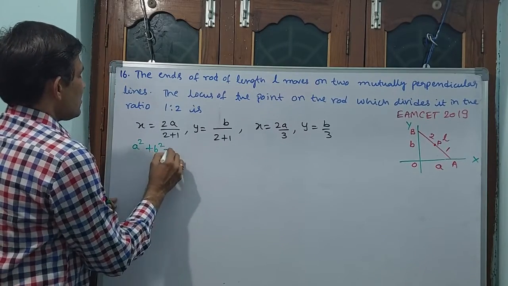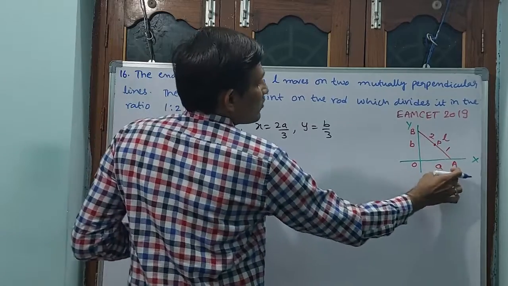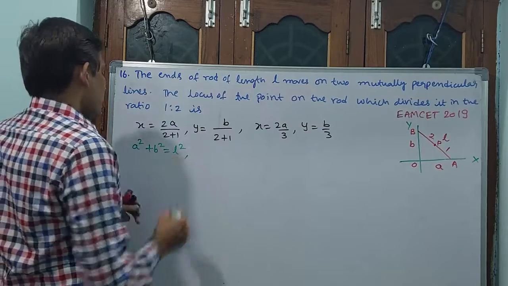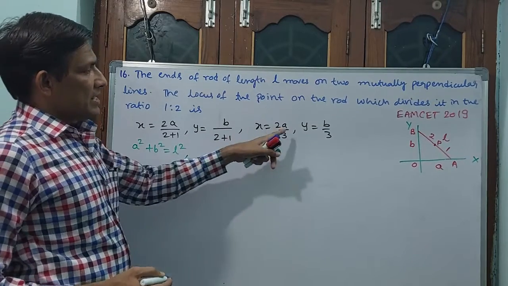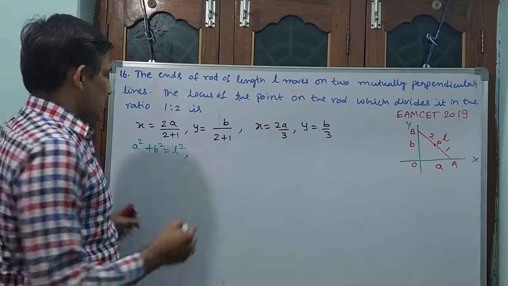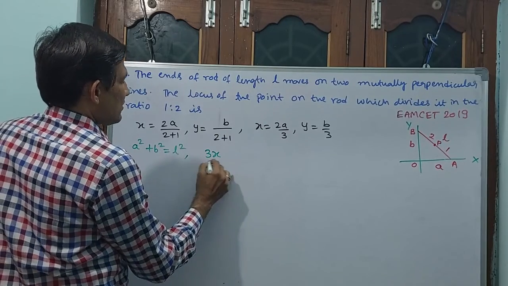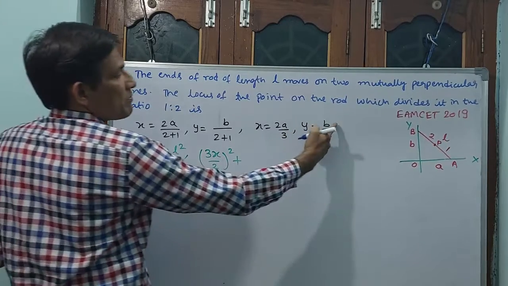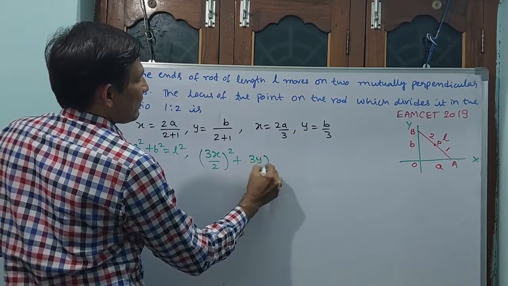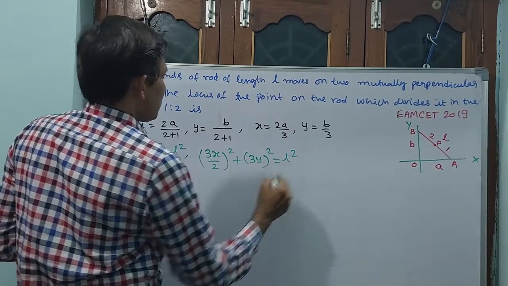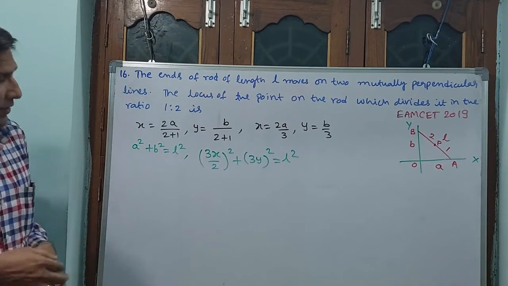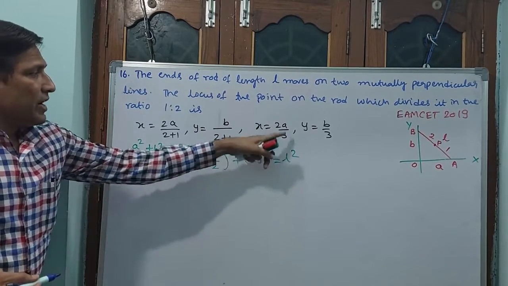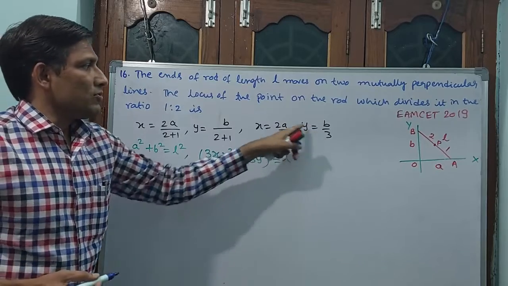This is L. Now how can we find a? Here a is equal to 3x by 2 and b is equal to 3y. So 3x by 2 whole square plus 3y whole square is equal to L square.